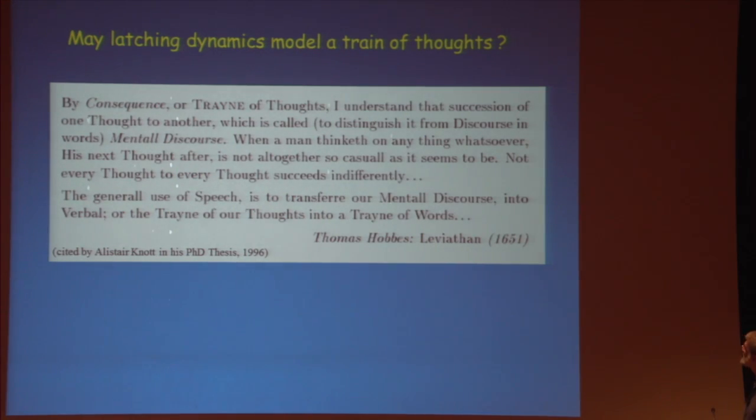And I like to bring up this quote from Thomas Hobbes, that points out that the main characteristic of a train of thoughts is that not every thought succeeds every thought indifferently. So a process like this is interesting if it is not completely random.